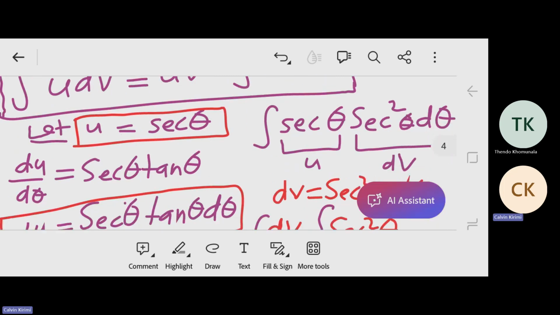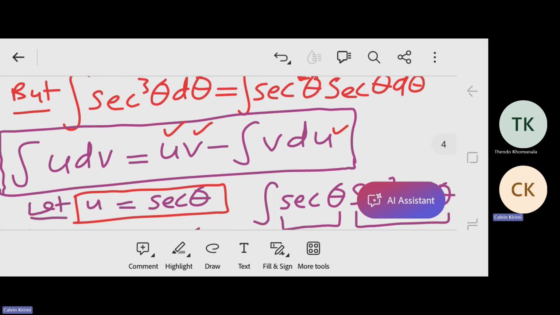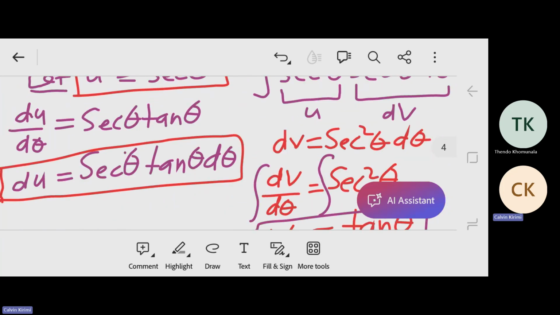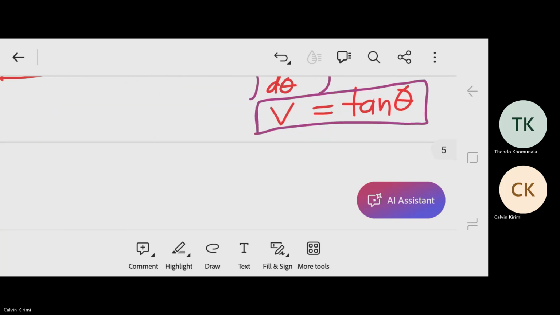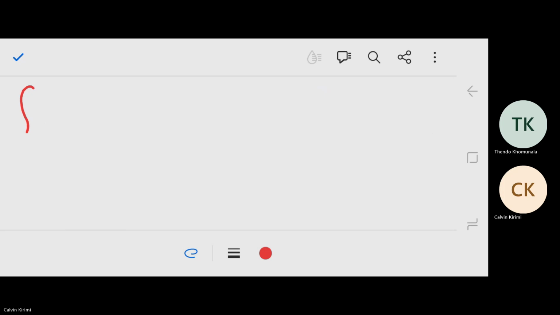Okay. So the integral we are solving, the integral of secant cubed theta, uv, we come and substitute at the uv. It is the integral of what we are solving, secant cubed theta, equals uv minus the integral of v du.